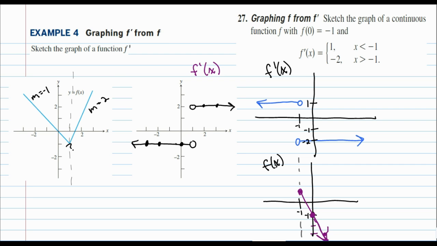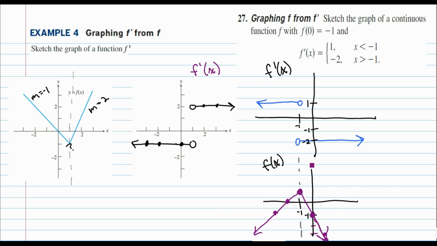Now, why did she draw a solid dot there? Well, it says that f is going to be continuous, so I know that I have to have a solid dot there. I can't have a removable discontinuity. I also know that the piece then to the left of negative 1 is going to pick up where the other one left off. So that slope is going to be positive 1, down 1, left 1, down 1, left 1, etc. So that slope is a little bit shallower than the other piece.